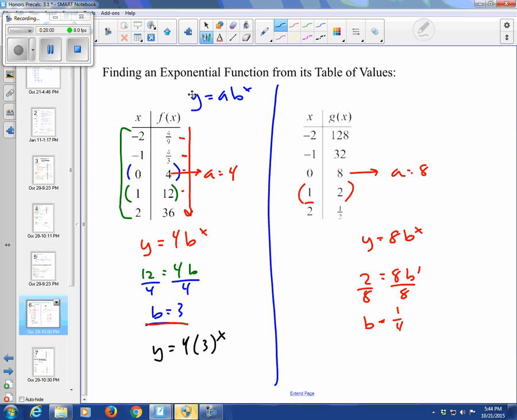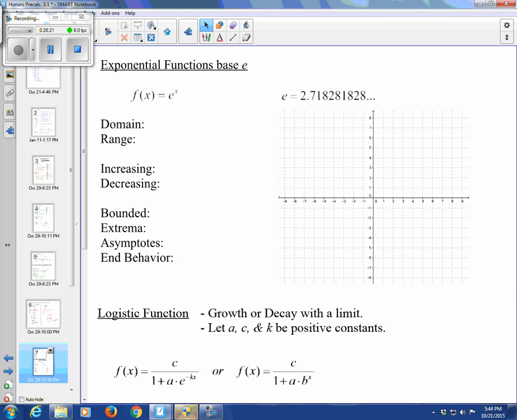And right here, this is the exponential function, y equals 8 times (1/4) to the x, right? And again, right here, we can see those ordered pairs being decreased by 1/4 as we go from integer exponent to integer exponent, right?